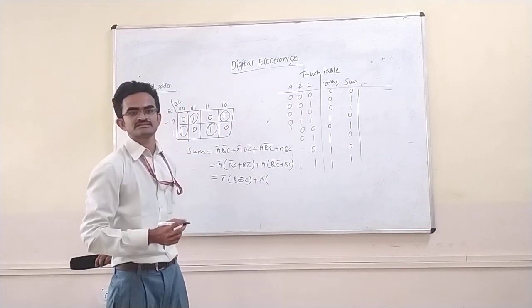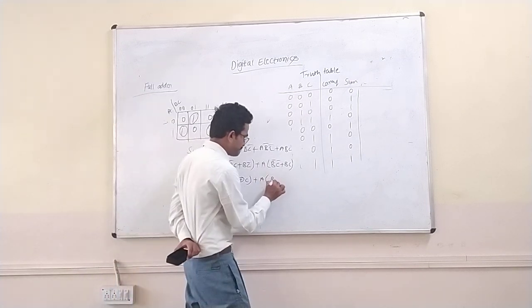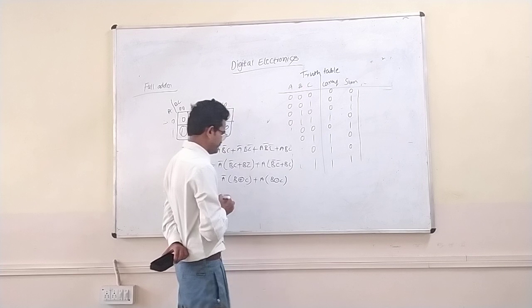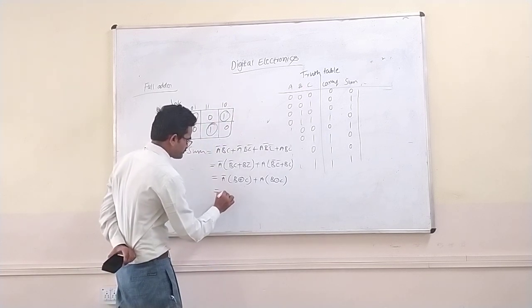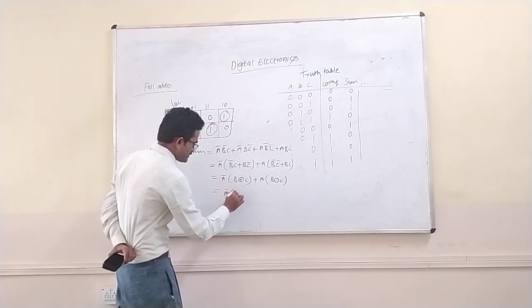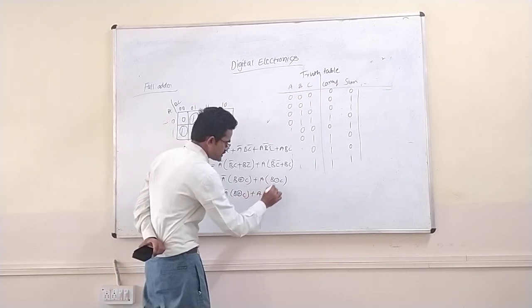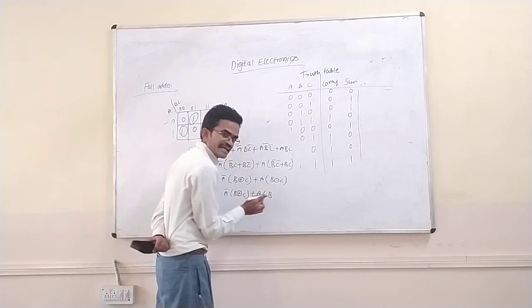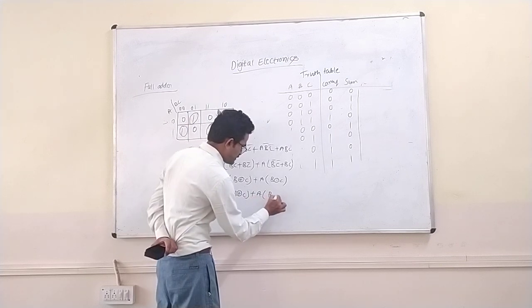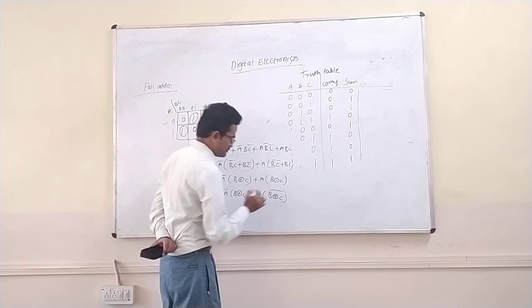B bar C plus BC is nothing but B XOR C complement. Now A bar times B XOR C plus A keep as it is. So this can be written with the complement.